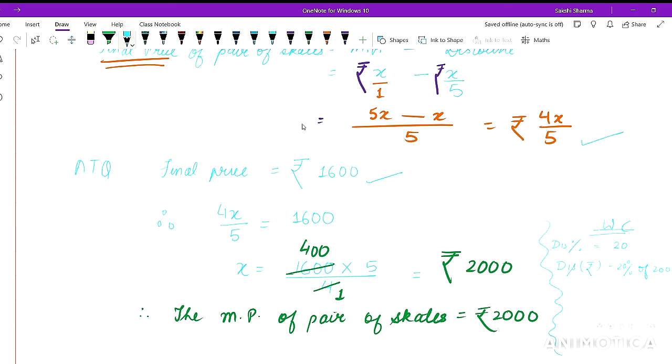On this price, we get a discount of 20%, and we will know how much the price was reduced. So 400 rupees were reduced. So the final price will be 2,000 minus the discount, which is 1,600, and this is the price which Arun paid in order to buy that pair of skates.